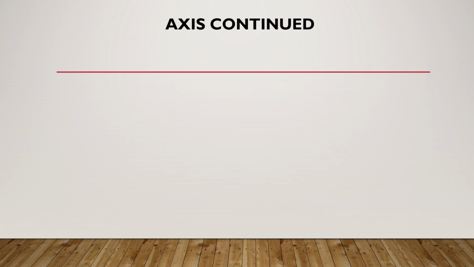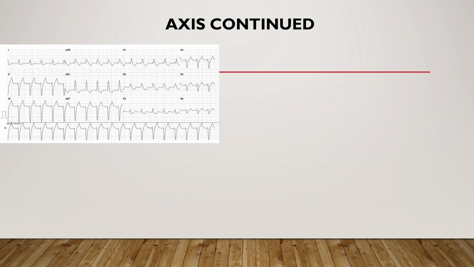Let's take a look at a few examples of axis. Let's take a look at this 12-lead EKG. So let's compare lead 1 to lead 2. Lead 1 QRS is positive, whereas lead 2 QRS is negative, making it a left axis deviation. Let's take a look at another example.